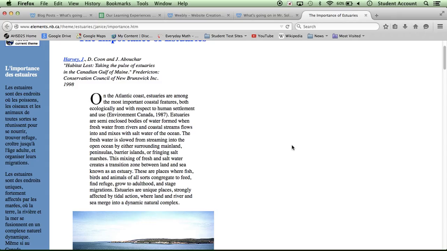And so in an estuary, when the water combines, it creates a transition zone between two very different things, which is the ocean and the sea. So this is one way of them combining, but you usually don't see them together.